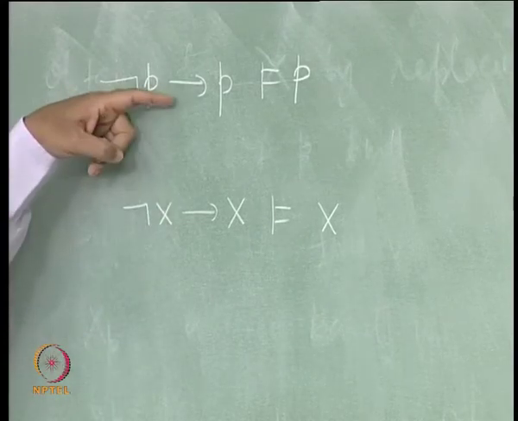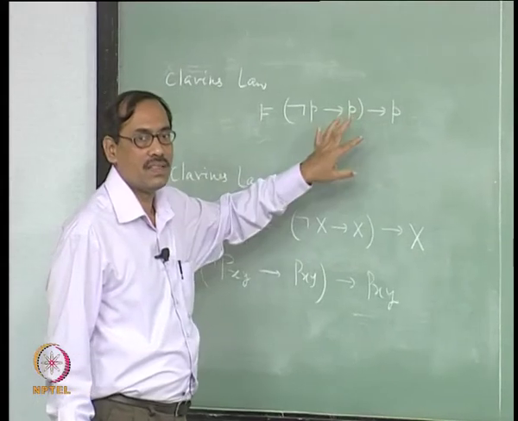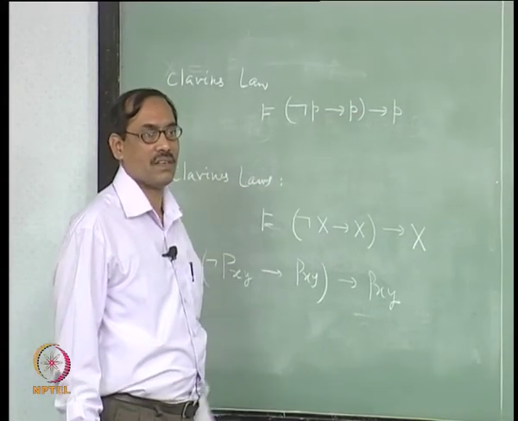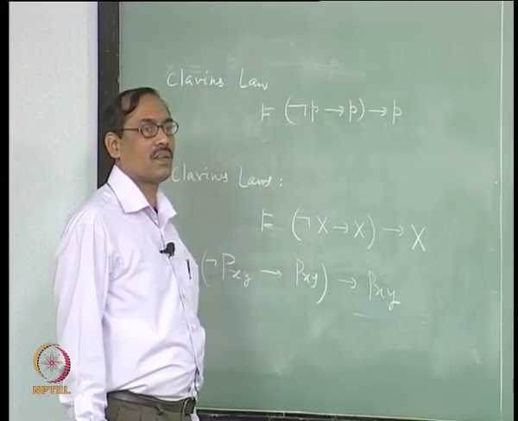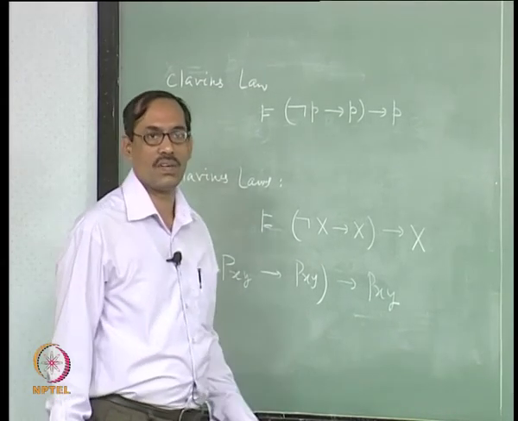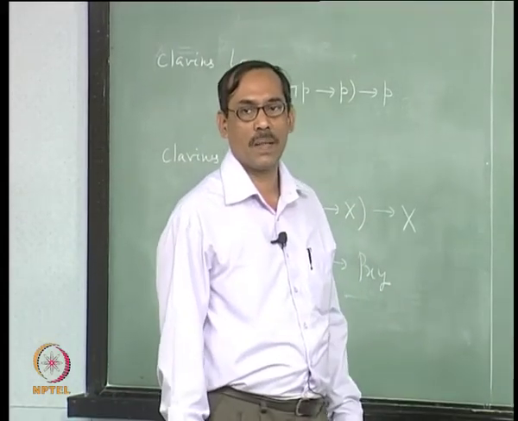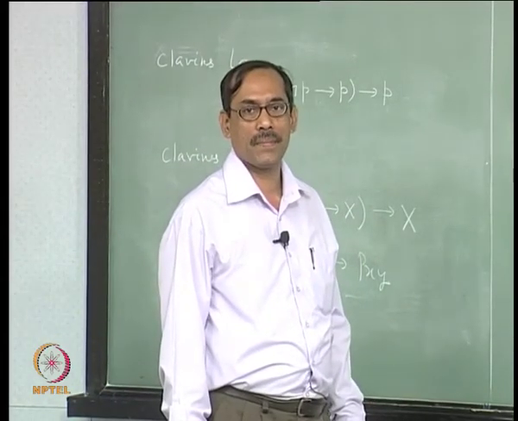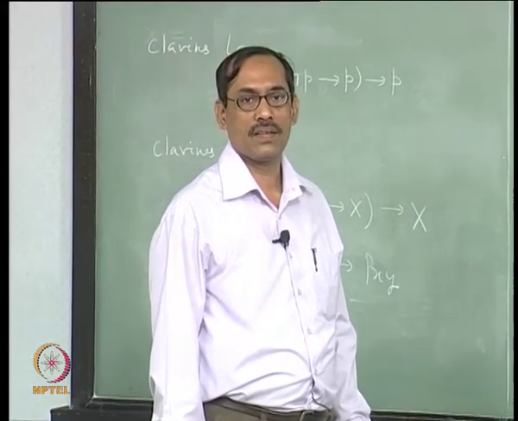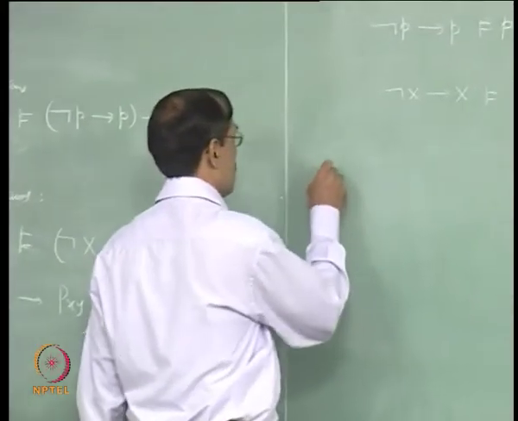The other side, from this to conclude not P implies P is valid, is really your main part of the deduction theorem, right. So now the question is whether the deduction theorem holds in FL, whether monotonicity holds, whether reductio ad absurdum holds in FL, right. So, let us see monotonicity. How does it look like?